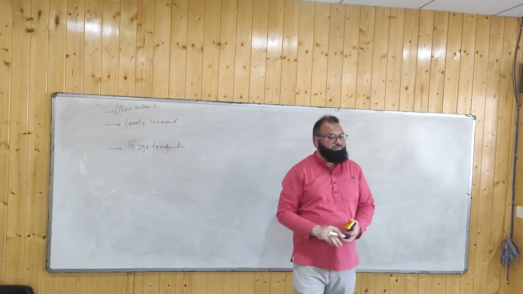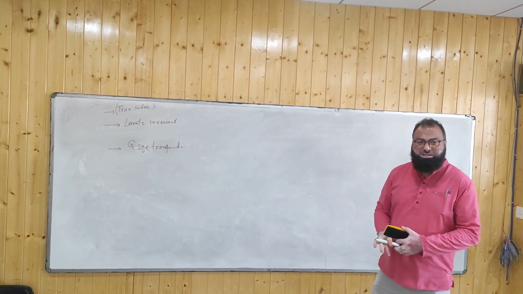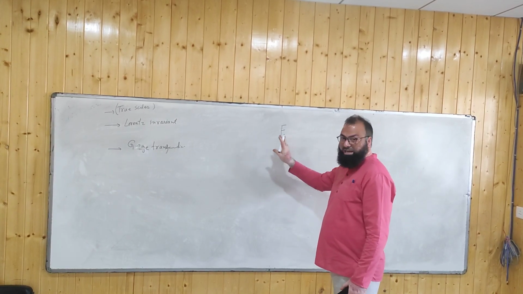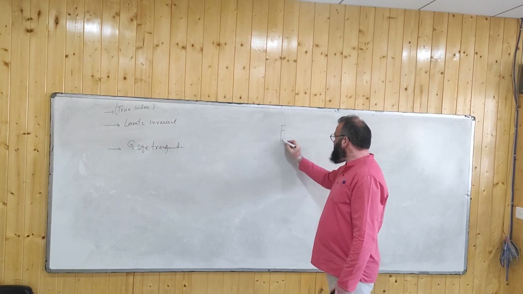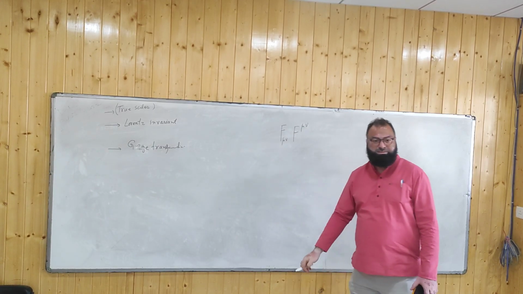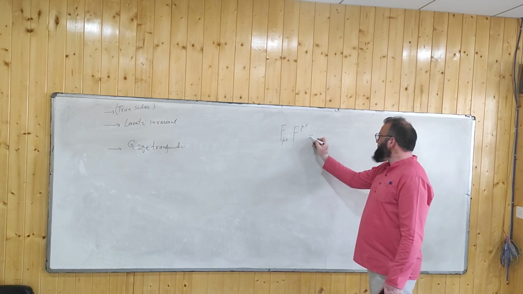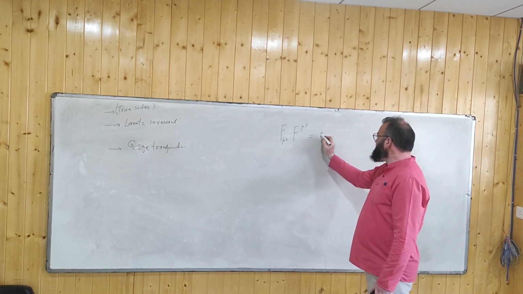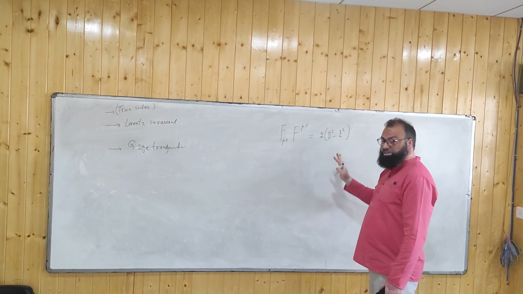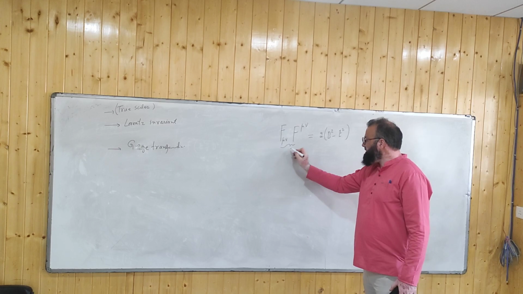Clear? Now does anybody remember, we have arrived at this kind of form. The quantity which has all these properties is this very object, F mu nu F mu nu. So what was this equal to? Anybody? It is 2 times (B squared minus E squared).